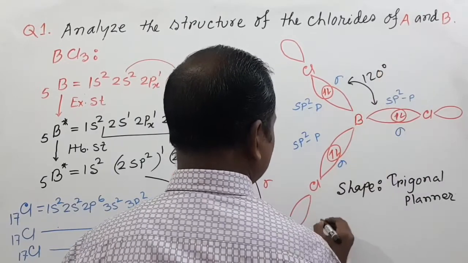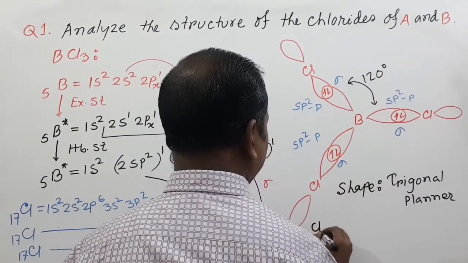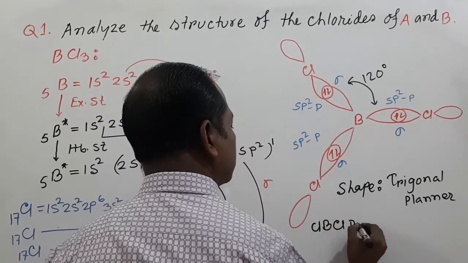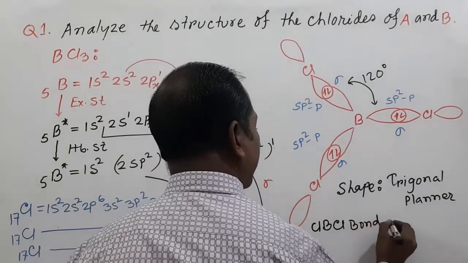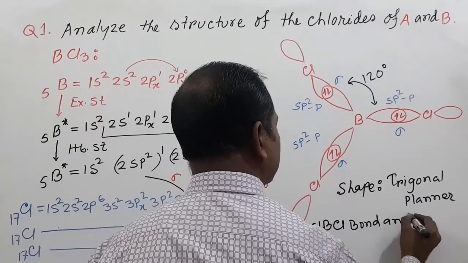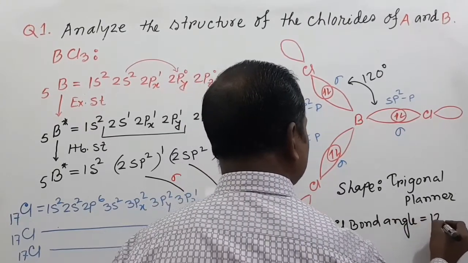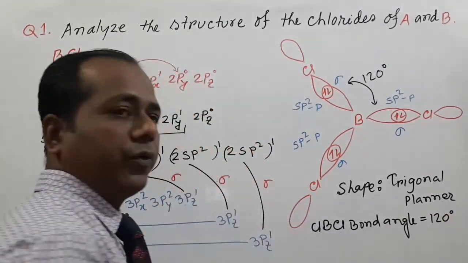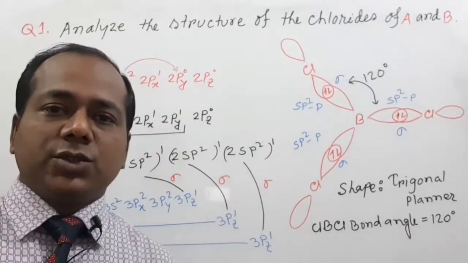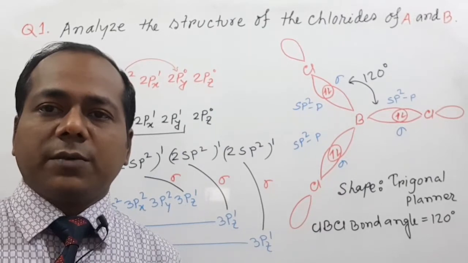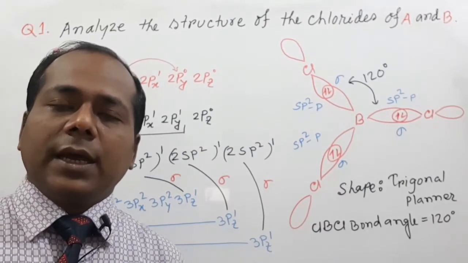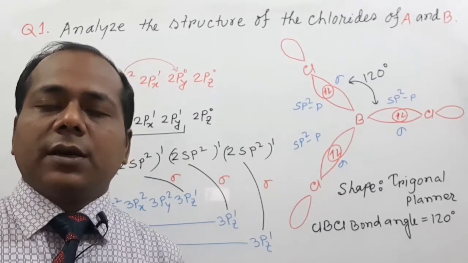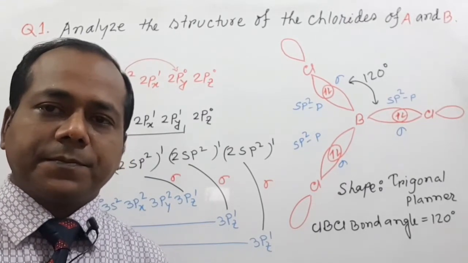So chlorine, boron, chlorine bond angle is equal to 120 degree. So we can say that the shapes of the chloride compounds, boron trichloride and beryllium chloride, are different.